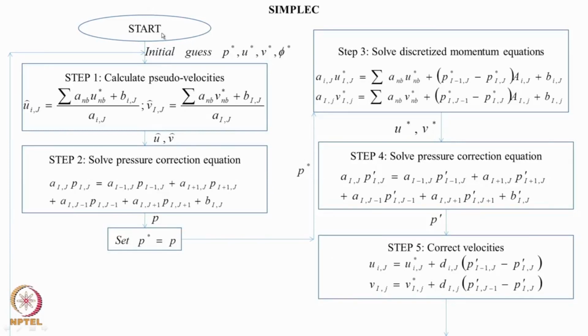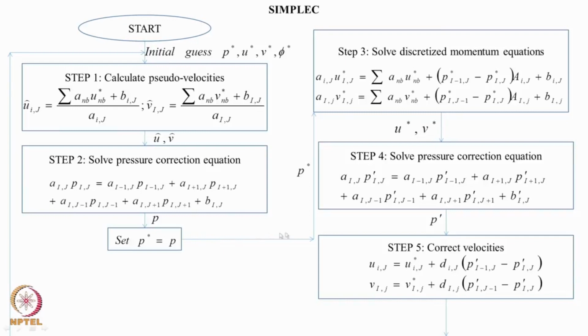When you compare SIMPLE and SIMPLEC, you have two additional steps, and these two additional steps are introduced to get pressure. This guess pressure is supposed to be closer to the actual pressure because you obtain it by solving the continuity equation, which is again obtained using U cap and V cap from the momentum equation.